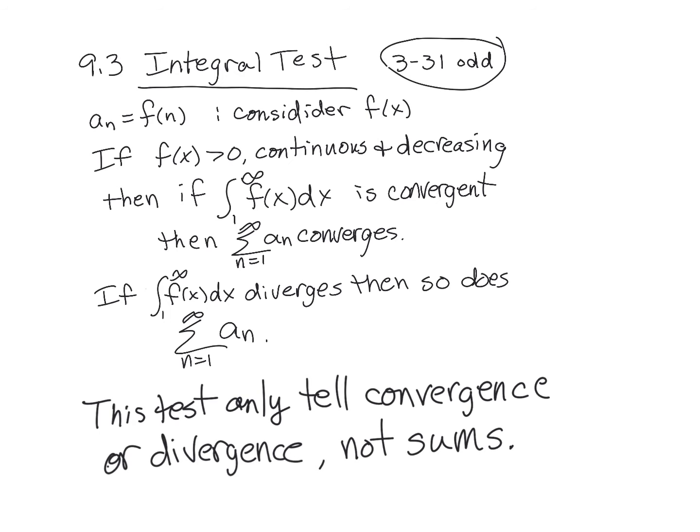Okay, in the last section, we learned about the geometric series, and if you're multiplying by a number smaller than 1 every time, you can actually find the sum. If you're multiplying by a number bigger than 1, then it diverges. And then the other one was the telescoping series, and we practiced finding those sums as well. So in this case, all you can find is convergence or divergence. You cannot find sums.